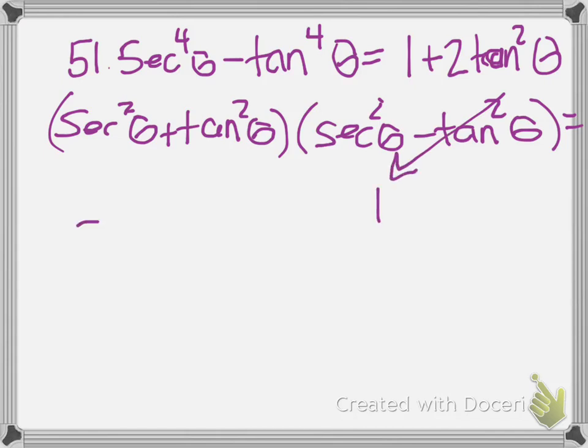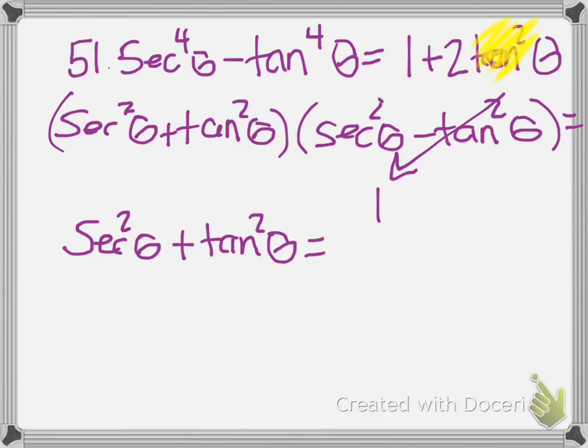So that leaves me with secant squared of theta plus tangent squared of theta. And if you don't know what to do right now, we can look back at the original problem, and what is the only trig function on the right? Tangent. So let's do a substitution. Can I substitute in for this secant squared? Sure.